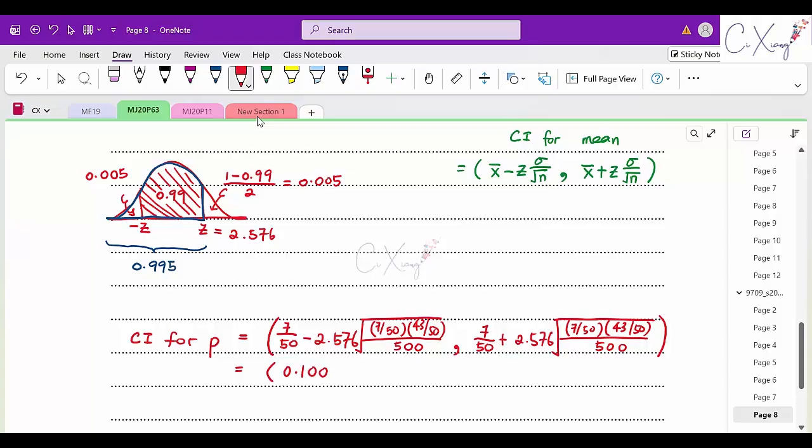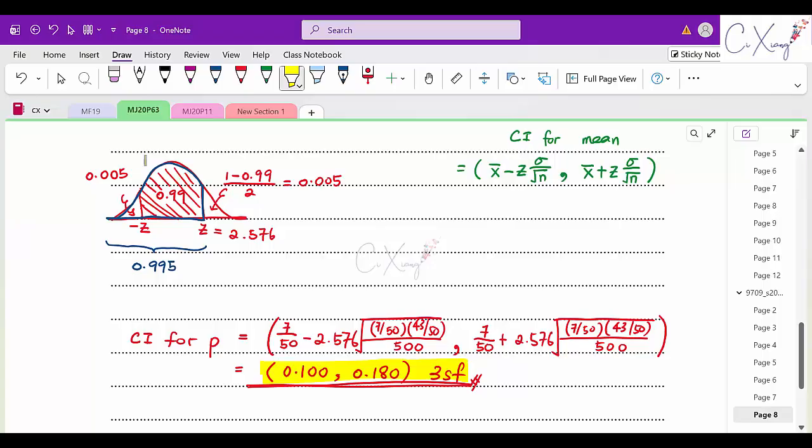Your final answer should be something like this, 0.100 and 0.180, three significant figures. Right, so this is the confidence interval for P that we have for this question.